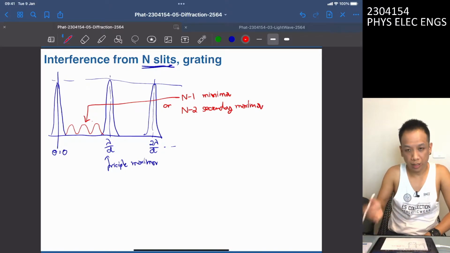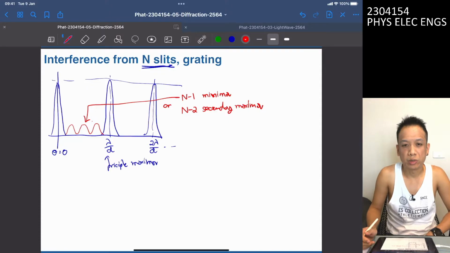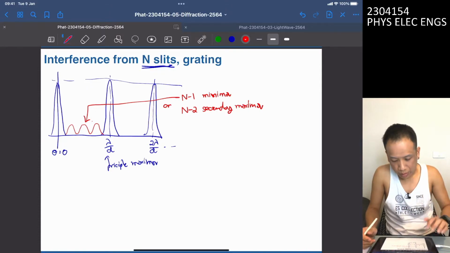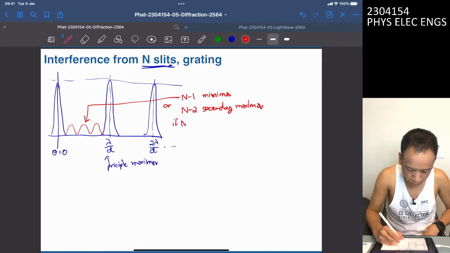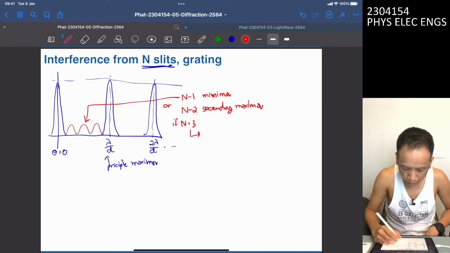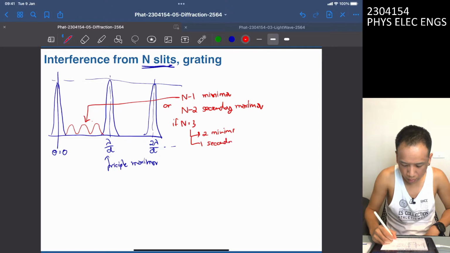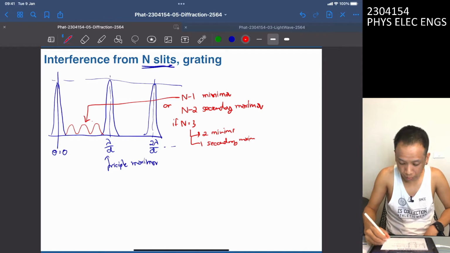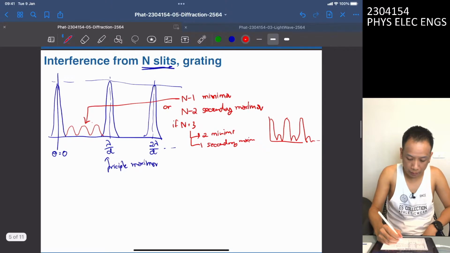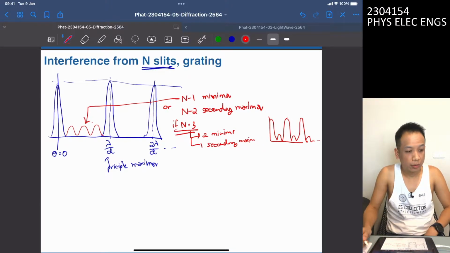For example, if n equals 3, you're going to get 2 minima and 1 secondary maximum. And this is what you saw before, right? You get a small one, and then you get a big one again. This is how it's going to look like.